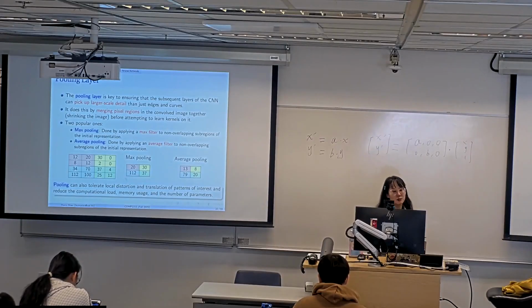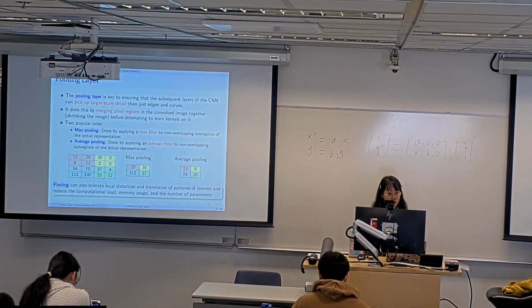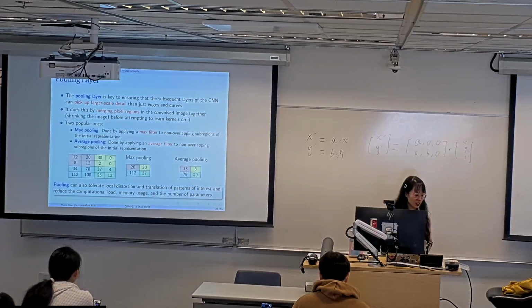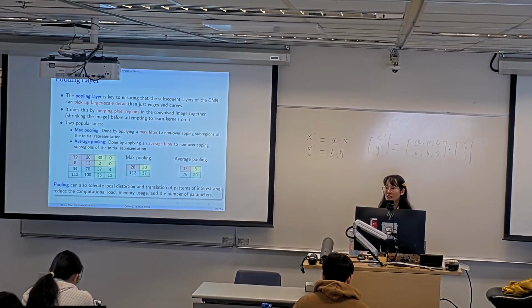Actually, that's the purpose of the pooling layer, because we believe that we don't need such minor details of the features. We don't want all the edges and curves, the very minor, unuseful information. We want some large-scale details, and we do this with the pooling layer, shrinking the image to get a smaller output size.